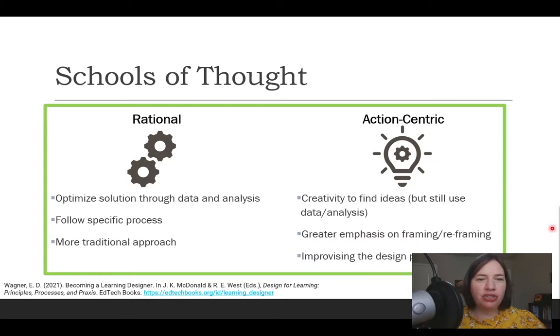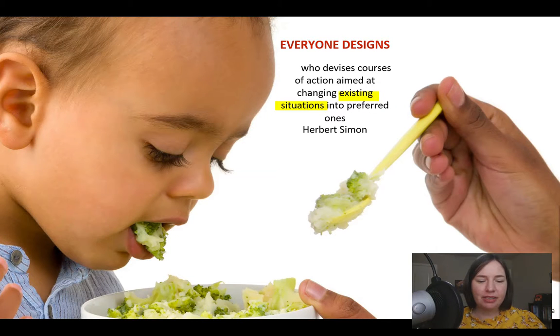Both of them, of course, use needs and learner analysis, but in slightly different ways. So, one more review. Everyone designs, devising courses of action aimed at changing existing situations into preferred ones. Needs and context analysis and learner analysis are very much about understanding the existing situation.